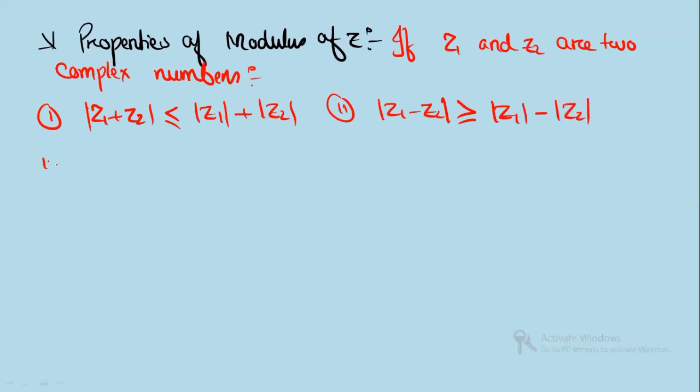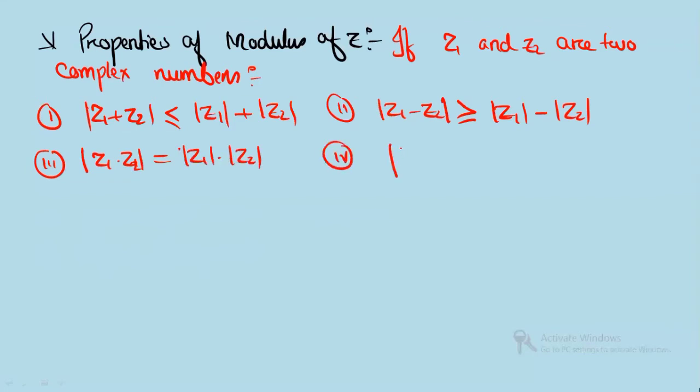All right. The third property is the modulus of z1 into z2, which is equal to the modulus of z1 times the modulus of z2. The fourth property is the modulus of z1 by z2, which is equal to the modulus of z1 divided by the modulus of z2.